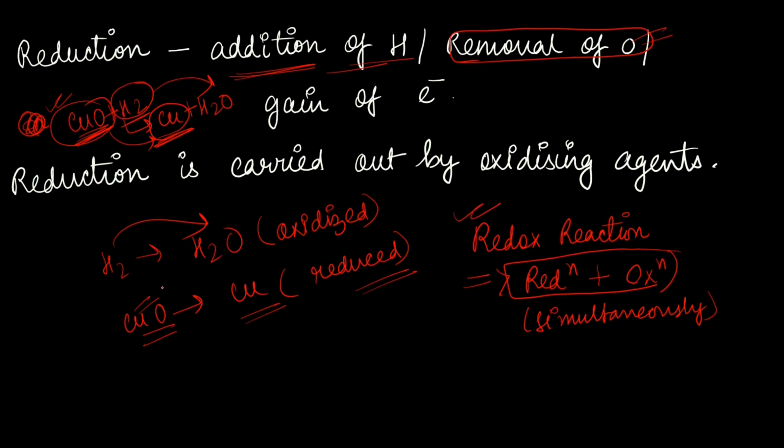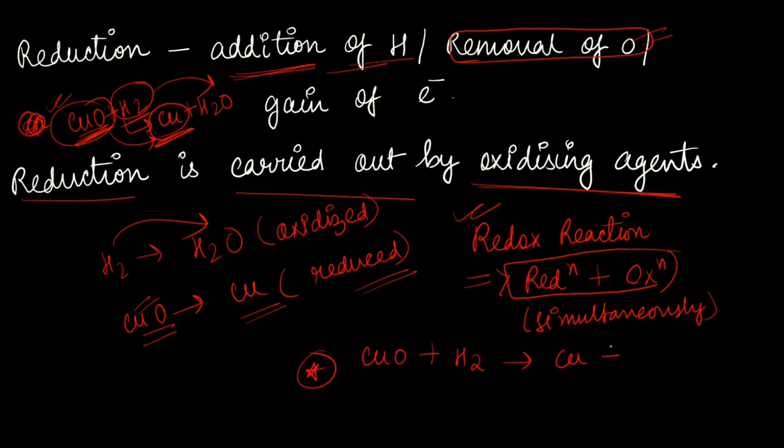So now from here you can find out the oxidizing agent and reducing agent. Reduction is carried out by an oxidizing agent. Simply, whoever is carrying out reduction is an oxidizing agent, and whoever is carrying out oxidation is a reducing agent. So the name is basically the opposite. In this example, if I ask you which is the oxidizing agent and which is the reducing agent, first find out who is carrying out oxidation and who is carrying out reduction.